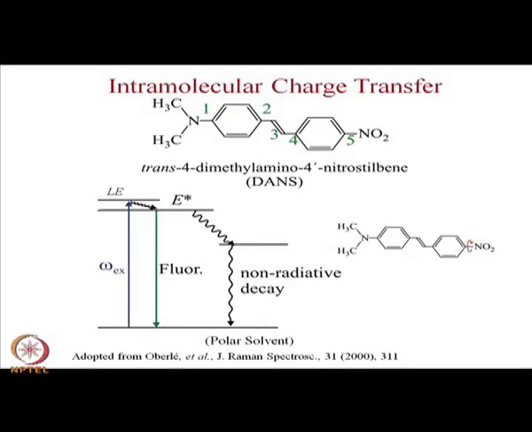Talking in line with this phenomenon, we can also have another type of process, which is called charge transfer. We have talked about charge transfer, like exciplex formation. So, what is exciplex? As I told you in some other class, it is excited state charge transfer followed by charge transfer complex formation.